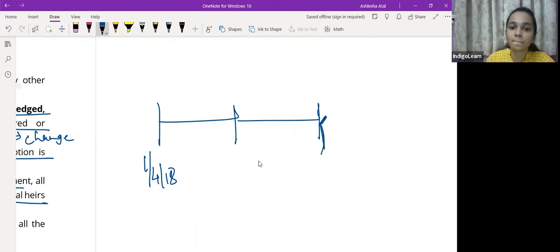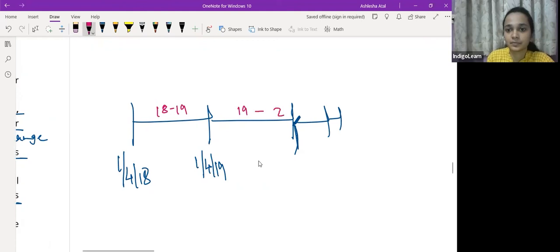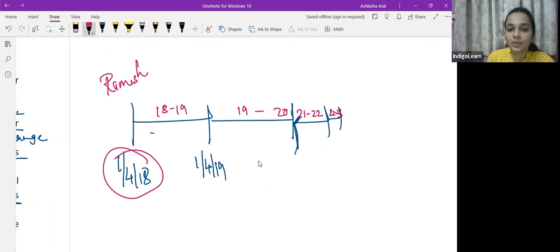Another stock option was granted on 1/4/19 and its period was 3 years. So Mr. Ramesh was an employee of the company and an option was granted to him on 1/4/18, and also on 1/4/19.